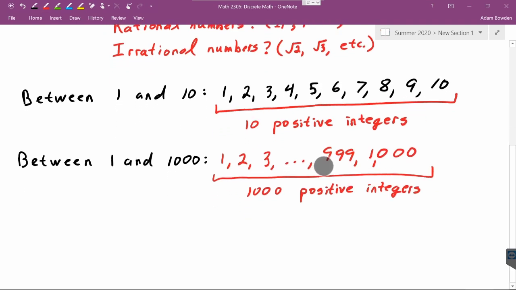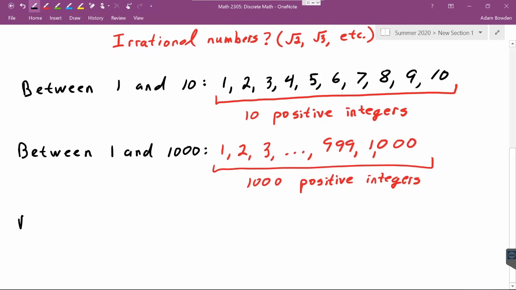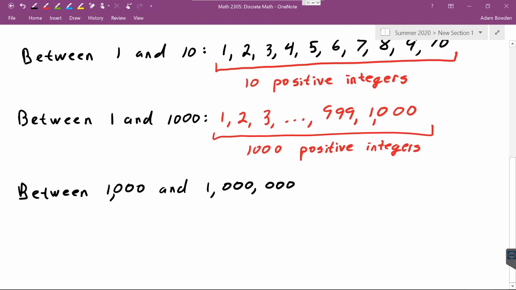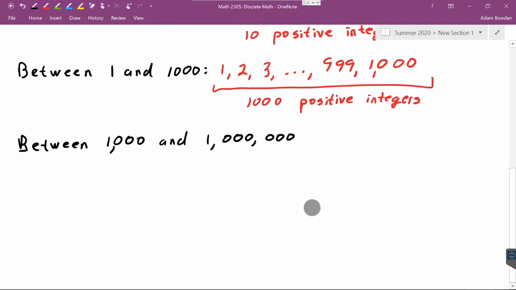Now the interesting thing comes when we start looking at things like between 1,000 and 1,000,000. Now it's not quite so clear exactly the count, even though we can tackle this in a variety of different ways.